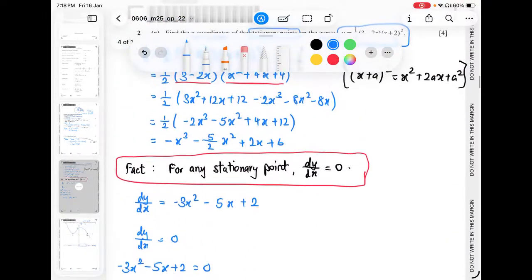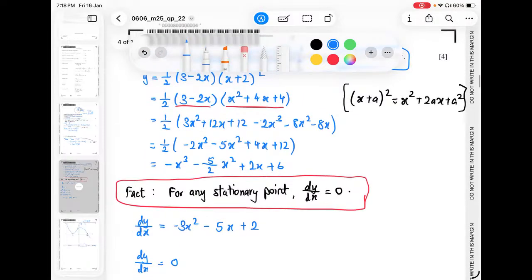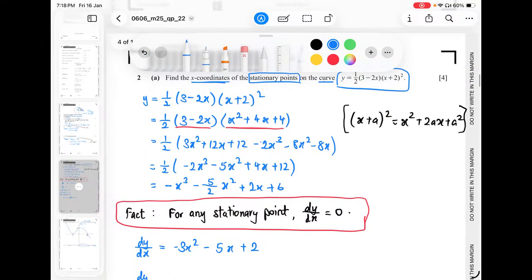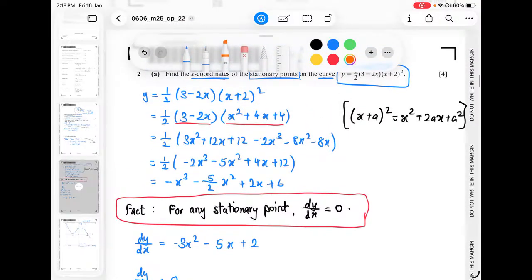For that, we just need to write it in this form. This is the form we need to write it in. I think that should be the right one.